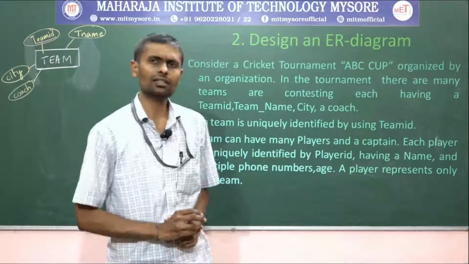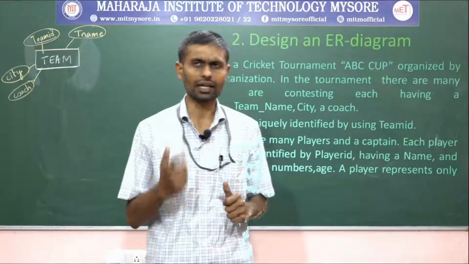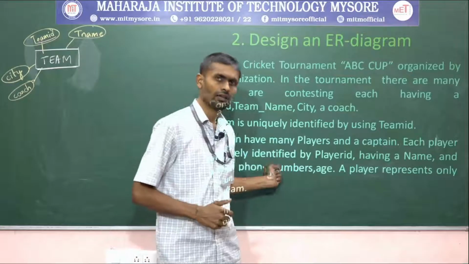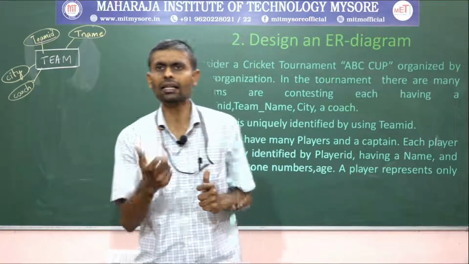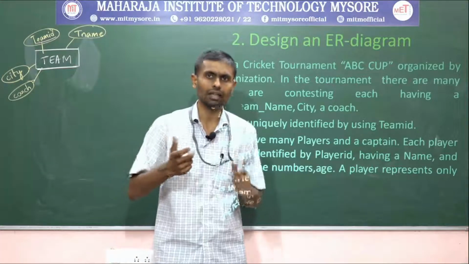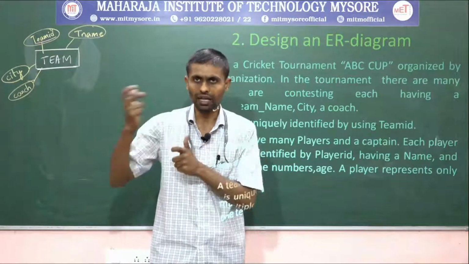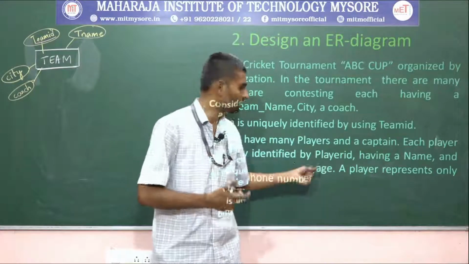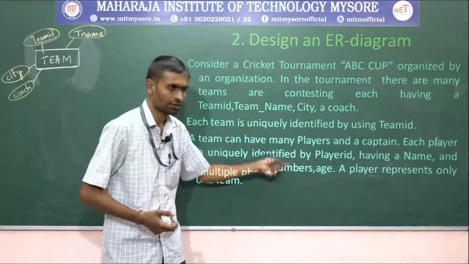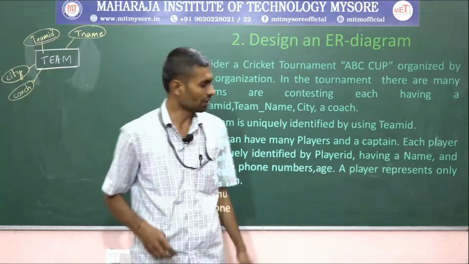The statement gives us a hint that they want to record player details, and along with that they are giving us a hint about the relationship between the player and team, right. So, that information is given in these two statements. What does it indicate, guys?